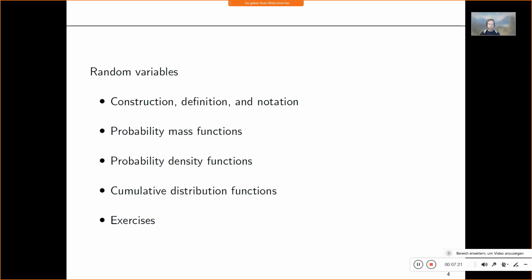And once these theoretical preliminaries are in place, we discuss two very important concepts that are the key entities to define statistical, machine learning or AI models, namely probability mass and probability density functions.